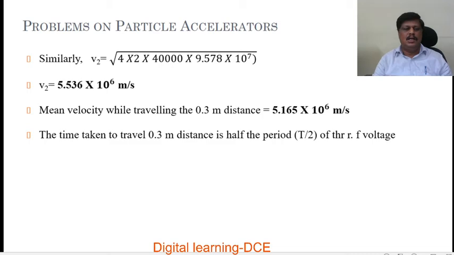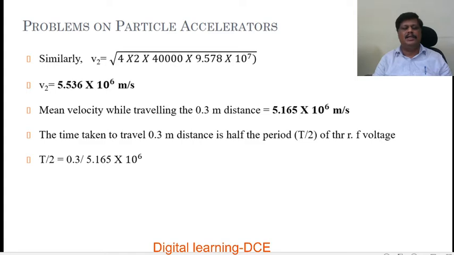The time taken to travel 0.3 meter distance is half of the period, that is T by 2, of the RF voltage. This is the condition for cyclotron. So T by 2 is equal to the time, we know that velocity is equal to distance travelled over time taken.